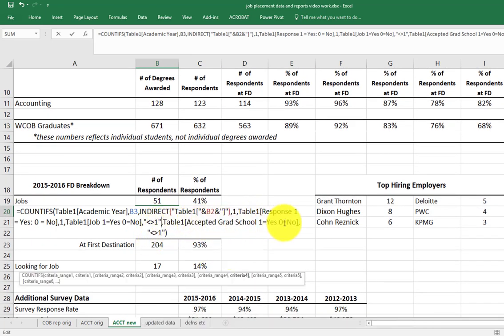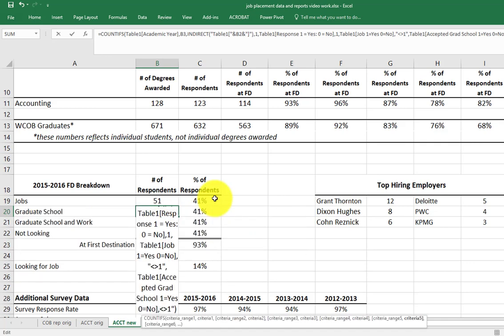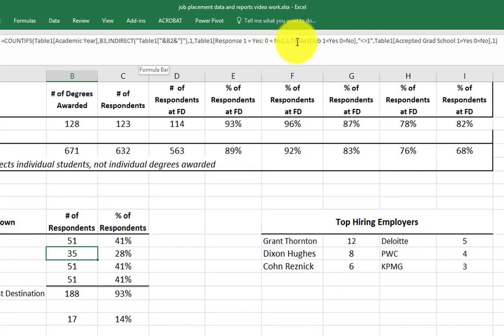And accepted to graduate school as being equal to 1. Okay, now just glance up here to be sure. So job not equal to 1, graduate school equal to 1.